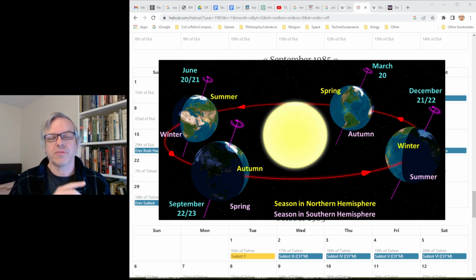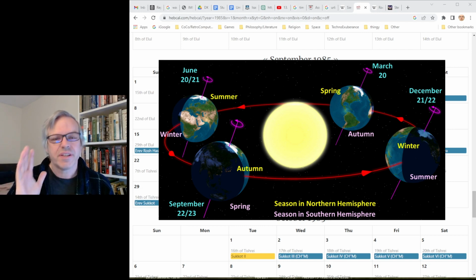As the Earth goes around the sun, the tilt changes in relation to the sun. At one time in the Earth's orbit, it's winter in the northern hemisphere. It's important that northern and southern hemispheres have different seasons. Springtime is when we're coming out of winter.